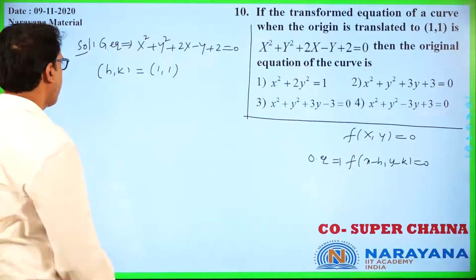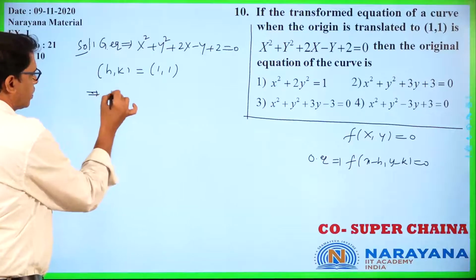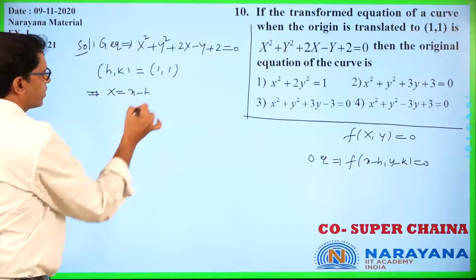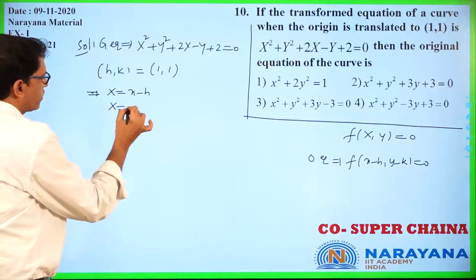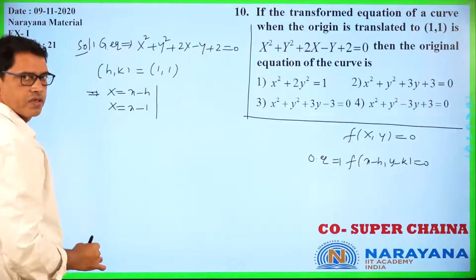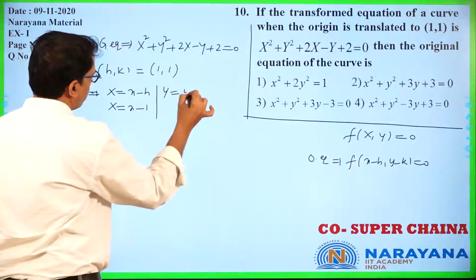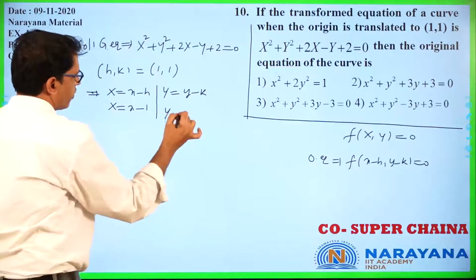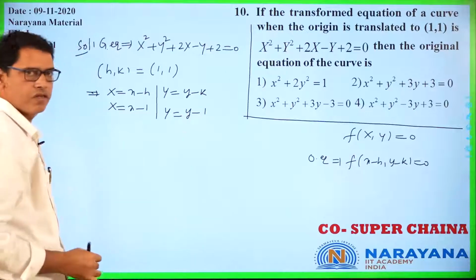So replacing, capital X is equal to small x minus h. Therefore capital X is equal to small x minus 1. Then capital Y is equal to small y minus k, so capital Y is equal to small y minus 1.